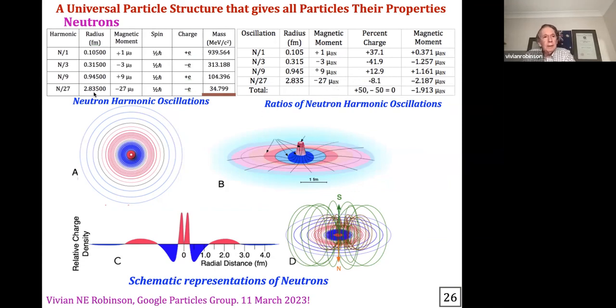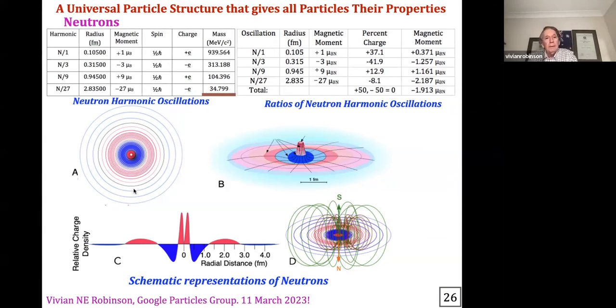One thing that's worth looking at is the mass of the N/27 oscillation, 34.8, and the bound muon 104.4. 109 MeV/c² is looking pretty good, isn't it?